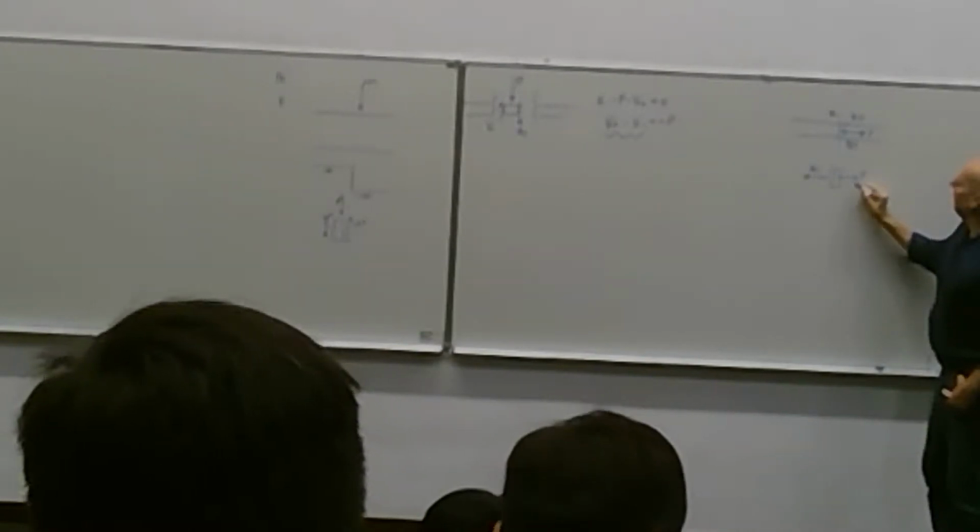Assuming this is also positive, it must be in this direction, pulling, tensile force on both faces. We must have equilibrium in the x direction, so minus N minus plus P plus N plus must be equal to 0. So from here we get that N plus minus N minus is equal to minus P.